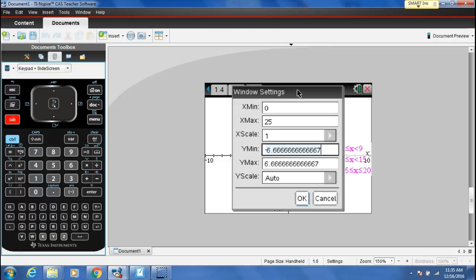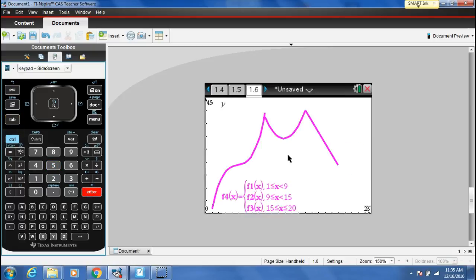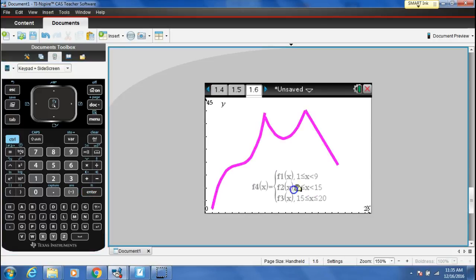My y's on the graph go from negative 6 2/3 to positive 6 2/3. What do they go on your chart? 2 to 40, right? So let's go 0 to 45. And let's go by 5s. And there now is my piecewise function.